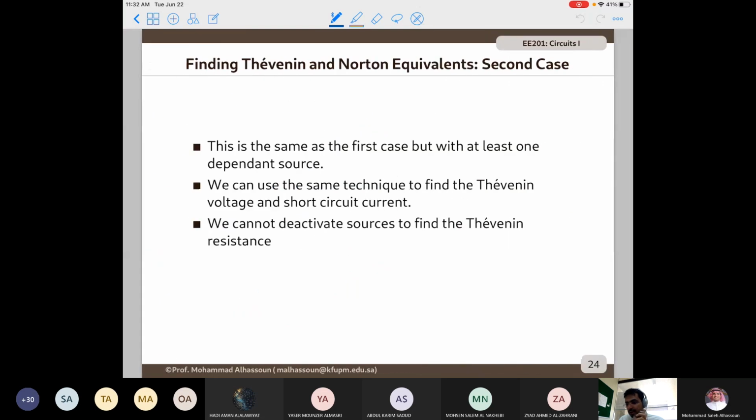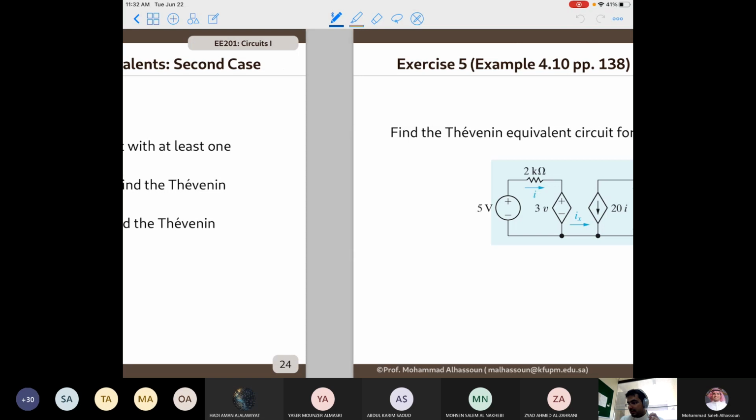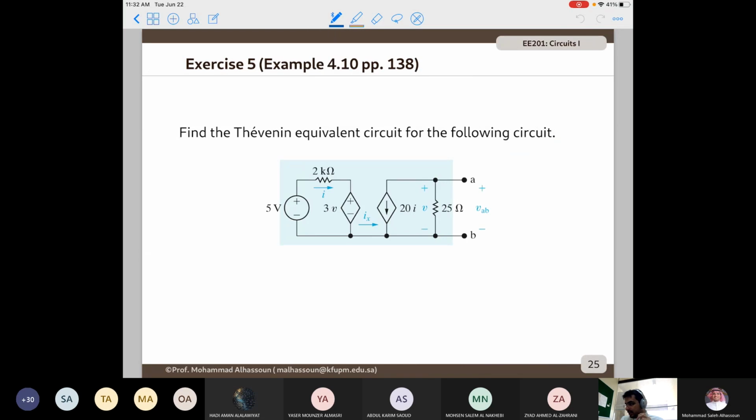We are limited to finding the open circuit voltage, finding the short circuit current, then taking the ratio. So we cannot simply deactivate all sources like we did in the previous two exercises to find the Thevenin resistance. So let's see this with this exercise.